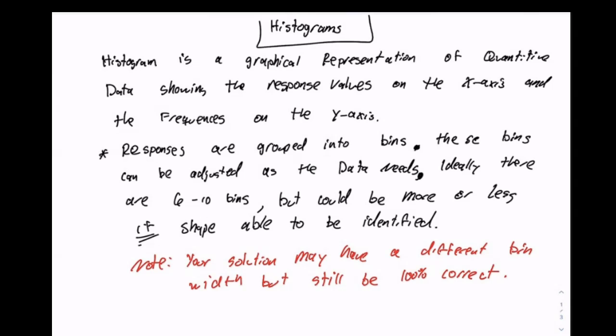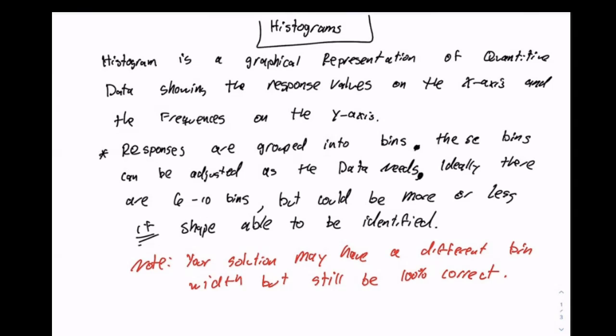We can identify shape. Now, when we make a histogram, we have things called bin widths. For example, somebody responds to how many siblings do you have with 1, and somebody else says 2. I might group both together if a lot of the responses really branch out.